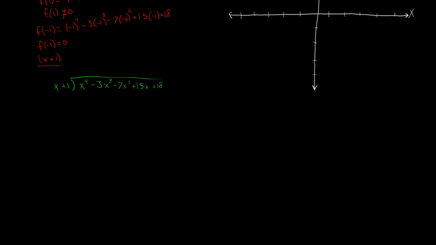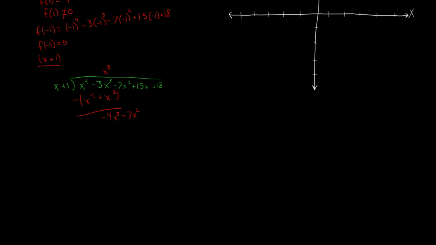Okay, so now I'm going to divide this one. So this x goes into x to the fourth, x cubed this many times. So then minus, and then this will be x to the fourth plus x cubed. This will be 0, and then minus 4x cubed, minus 7x squared, bring it down.